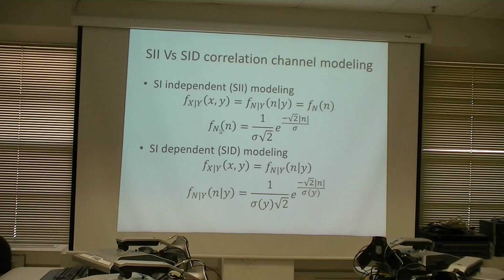It only depends on the correlation noise, and usually they assume that the correlation noise satisfies the Laplacian distribution. If the correlation noise depends on the side information, the probability density function can also be written as a Laplacian distribution, but the only difference is that the correlation noise is a function of the side information Y.